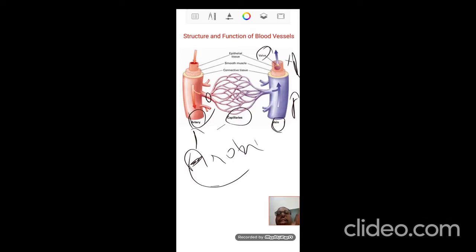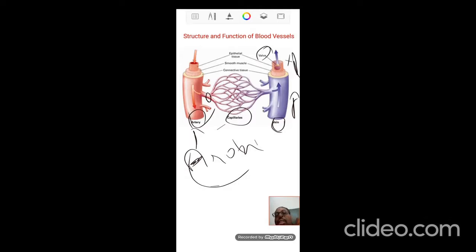Any circulatory system blood vessel which carries blood away from the heart is known as an artery. And veins are structures which carry blood towards the heart. So this should be the definition you give.